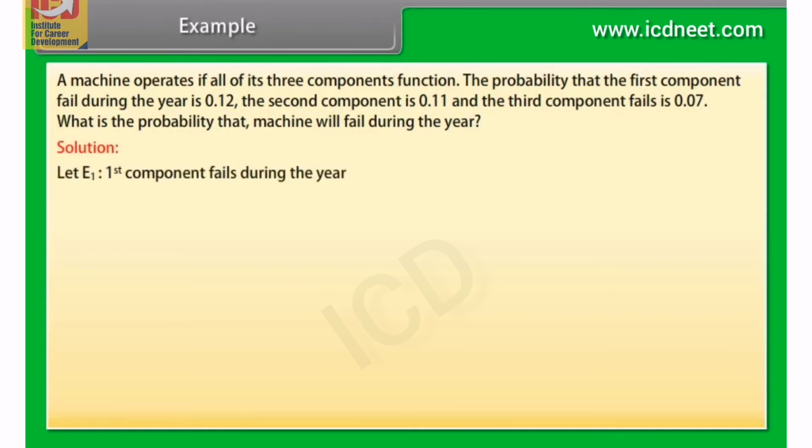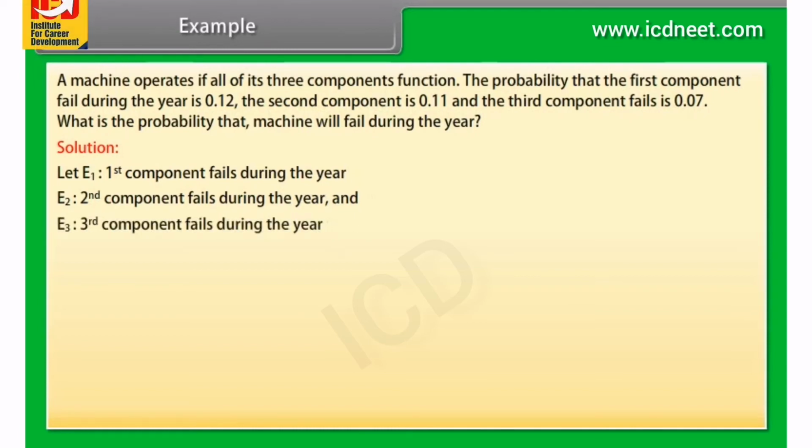Let E1 be the first component fails during the year, E2 the second component fails during the year, and E3 the third component fails during the year. P(E1) = 0.12, P(E2) = 0.11, and P(E3) = 0.07.